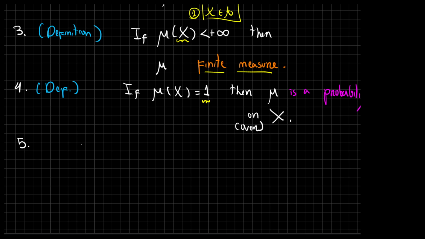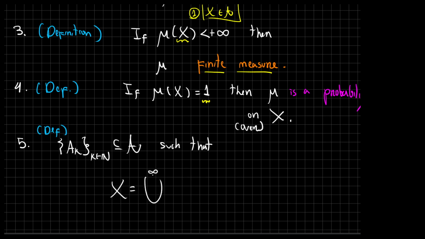A fifth remark: let's say that we have a family in the sigma algebra, such that the whole space is equal to the countable union of these elements, and for every k this value is finite.